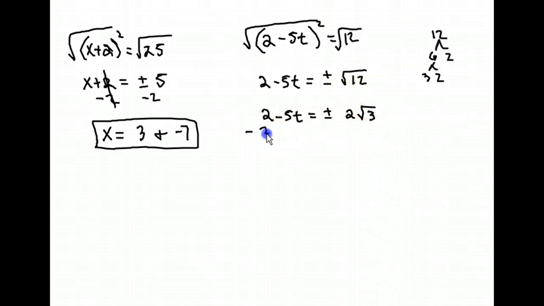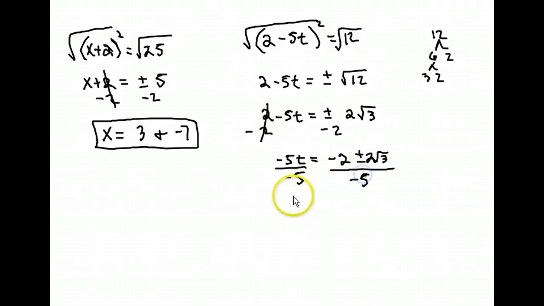So what you'll do first is subtract 2 from both sides. And what you'll end up with is negative 5t equals negative 2 plus or minus 2 square root of 3. And then you'll divide by negative 5 on both sides. So you'll end up having t is equal to negative 2 plus or minus 2 square root of 3, divided by negative 5.